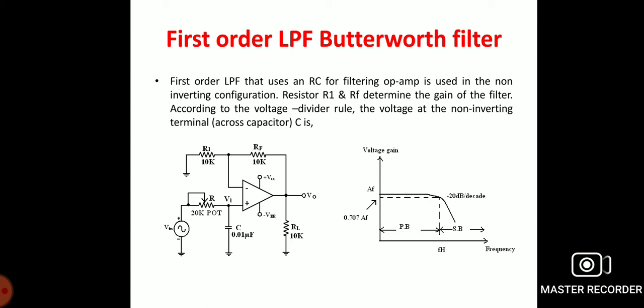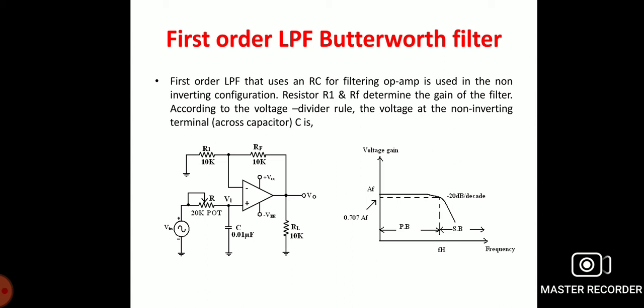For the filter design, first we choose the value of the high cutoff frequency. To simplify the design calculations, set R2 equal to R3 equal to R and C2 equal to C3 equal to C, then choose the value of C less than or equal to 1 microfarad. Finally, calculate the equal resistor value.